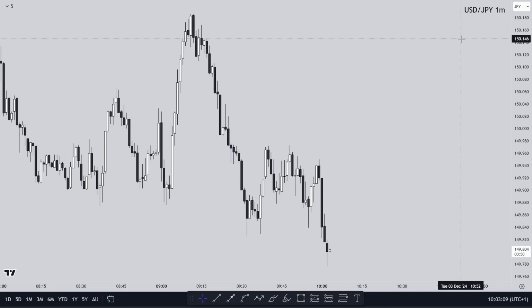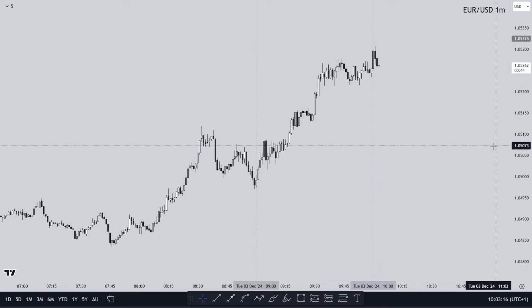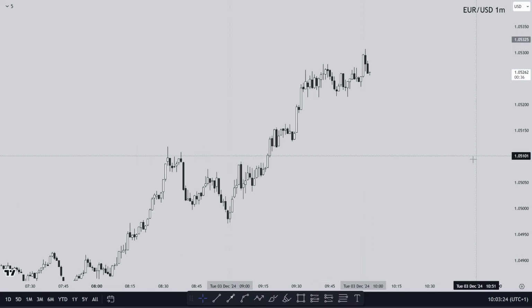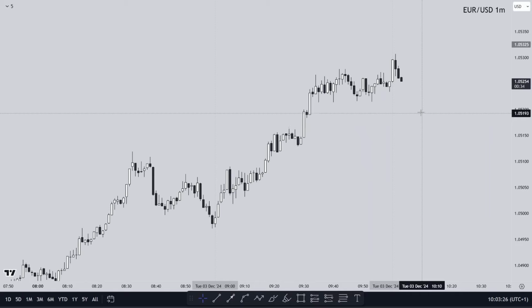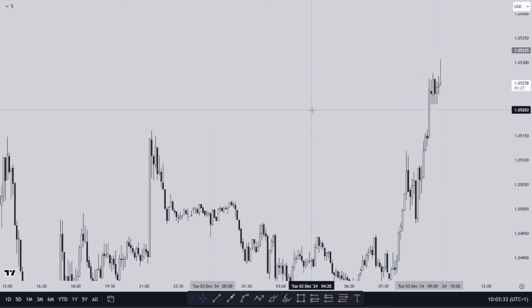Of course, they are really correlated, so I need to choose just one of them. So, this will be a live trading session, and I'll try to do my best to show you my strategy.